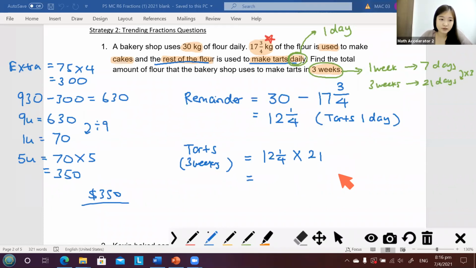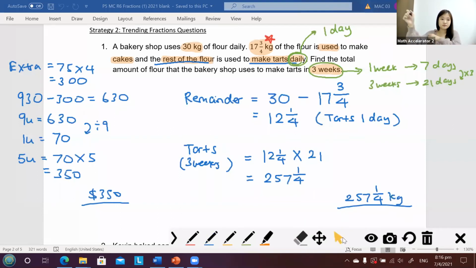Use your calculator. 257 and 1/4. That is your answer. Type in your calculator, you should get the same as the rest of your friends. 257 and 1/4.